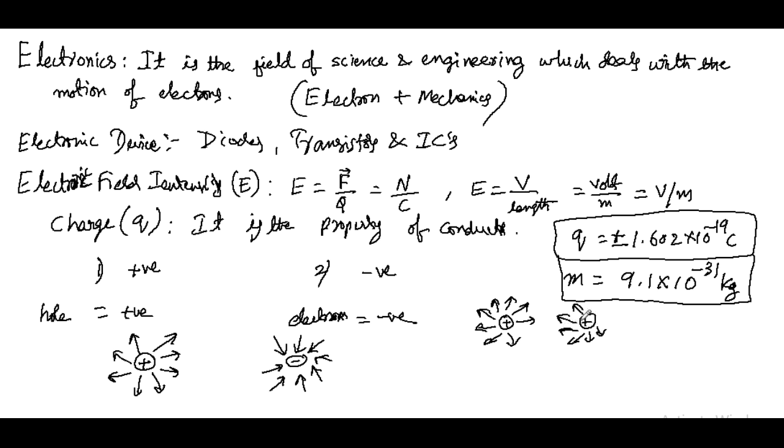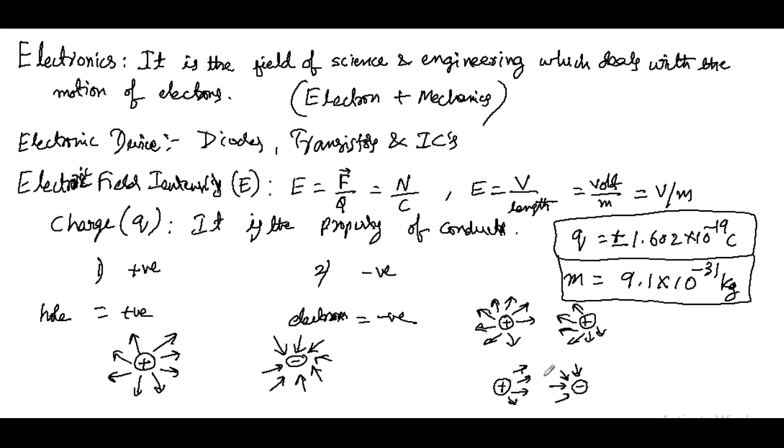This is explained by Coulomb's law. Now take one charge as positive and another as negative. The negative charge has incoming lines and the positive charge has outgoing lines, so these two attract each other. So like charges repel each other and unlike charges attract each other. That is explained by Coulomb's laws, and this analysis is explained by the internal field. Field is nothing but the force of combination of lines.